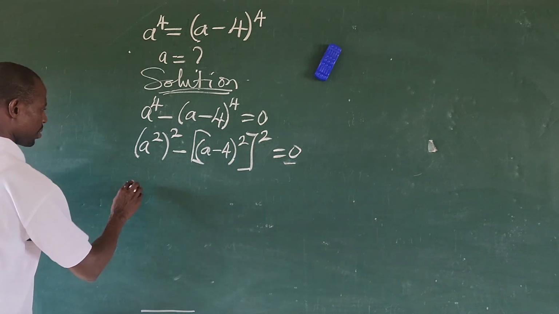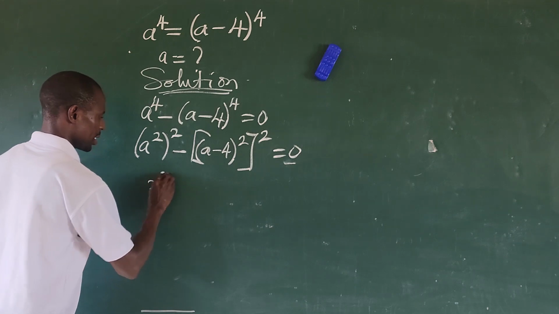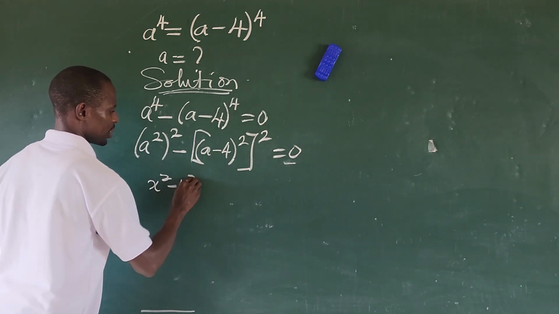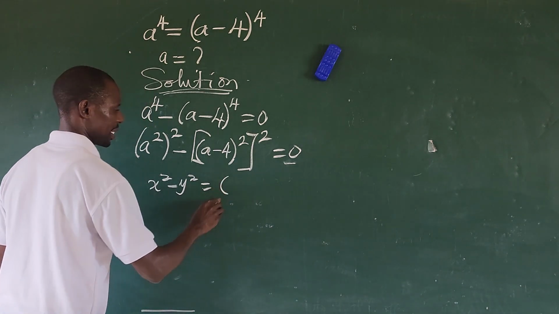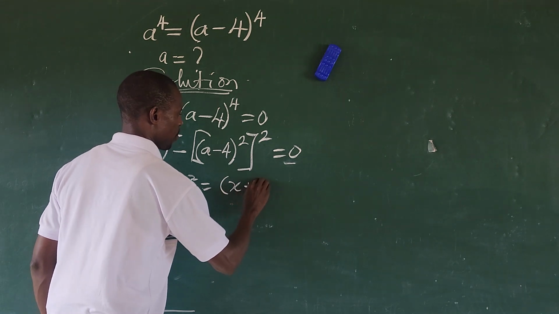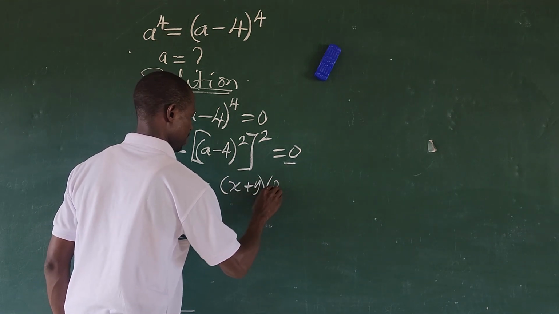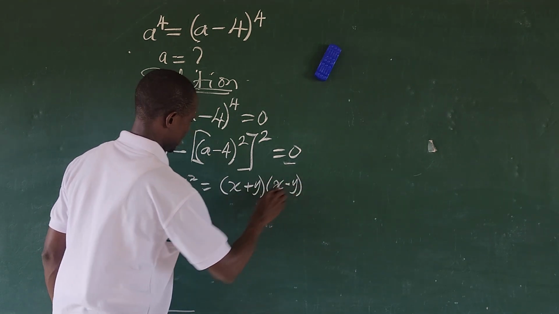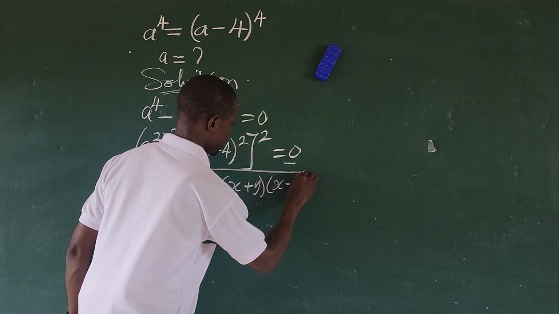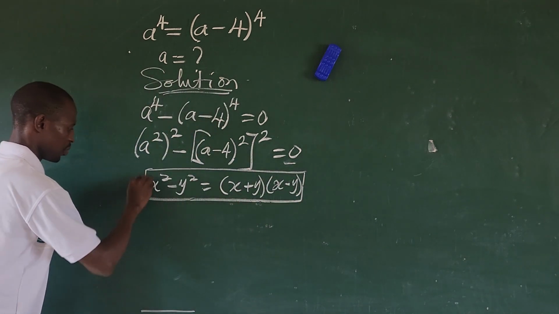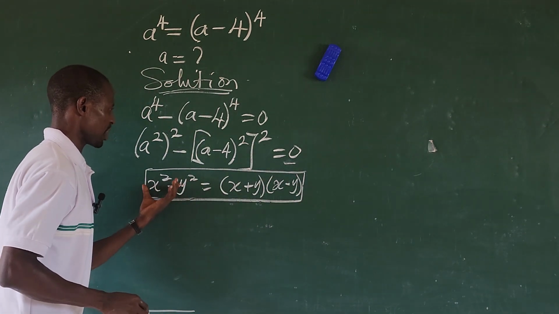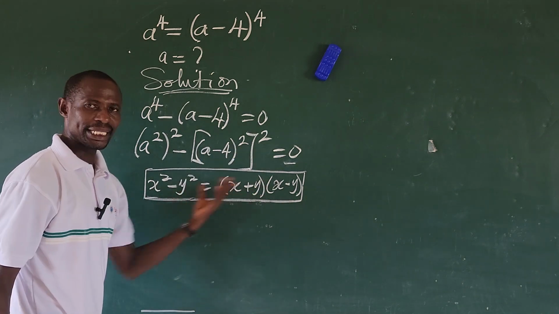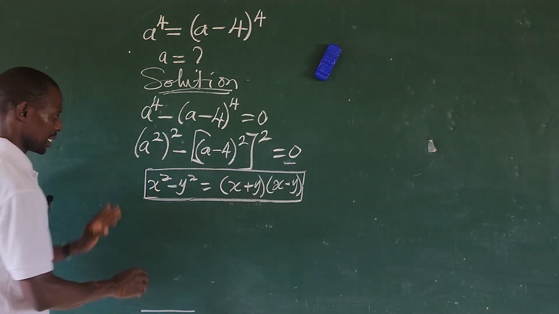So we recall that when we have x squared minus y squared, this is equal to (x plus y)(x minus y). This is what we call the difference of two squares. So we have this expression here, and we can apply the difference of two squares.